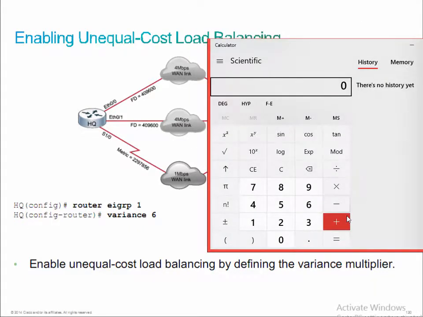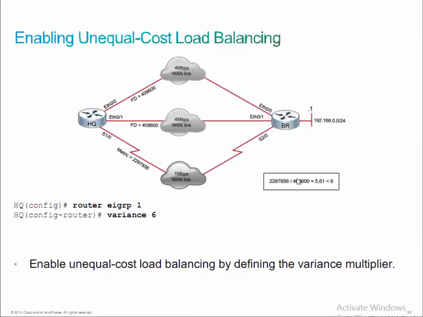If I take 2297856 and divide it by 409600, I get 5.61. So I need at least a multiple of 6 to include that alternate path. Quite simple. I simply need a multiple of 6. You can see the calculation down here. So let's go ahead and implement that on our HQ router.